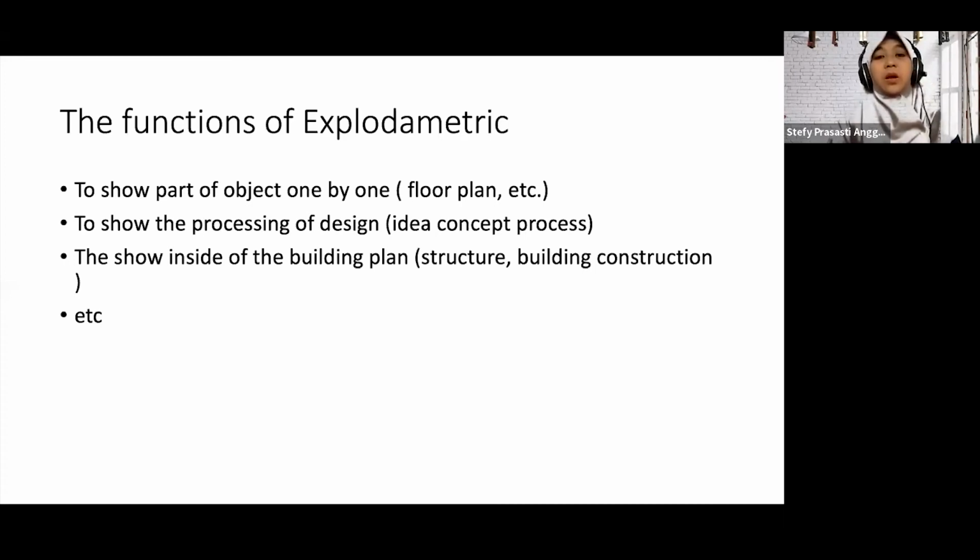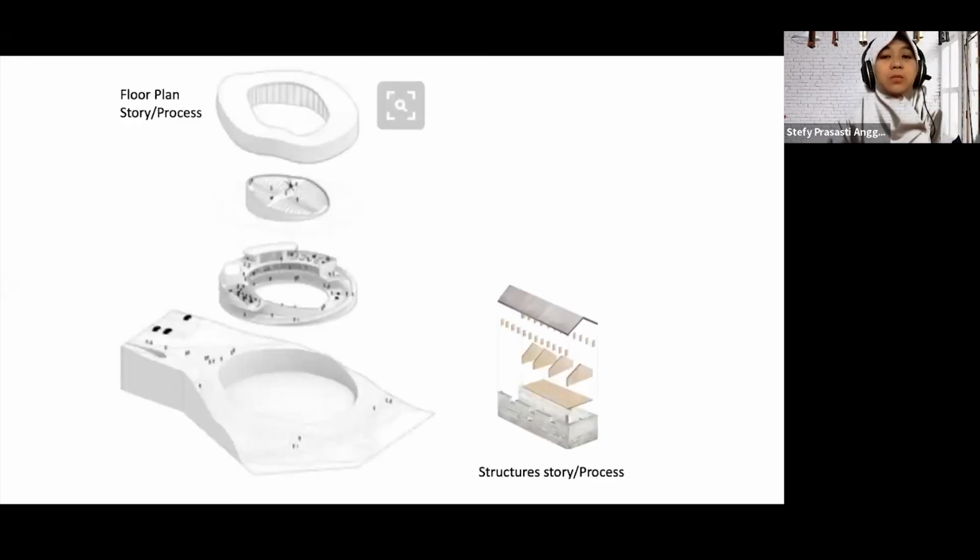When we can see the building plan. And this is some of the kind of drawing to show the function of the explodometry. In this picture, we can see floor plan stories from the first, the ground level, and then the next level floor plan, and then we can see the structure story or the process of the structure in the building with the explodometry.